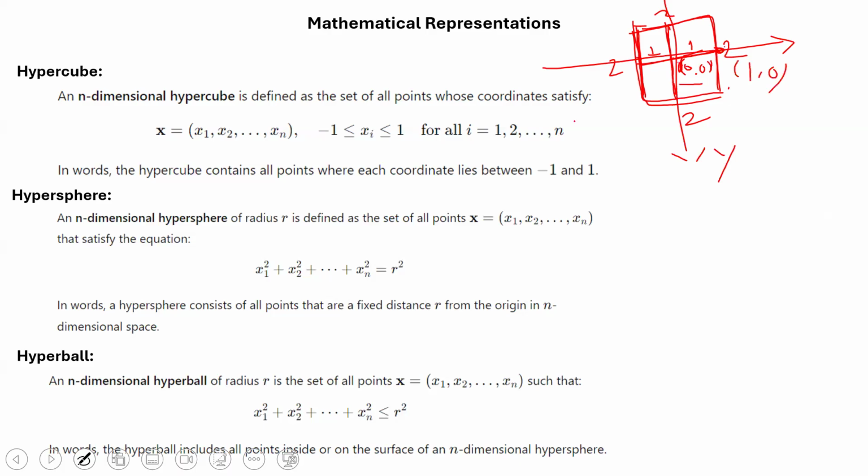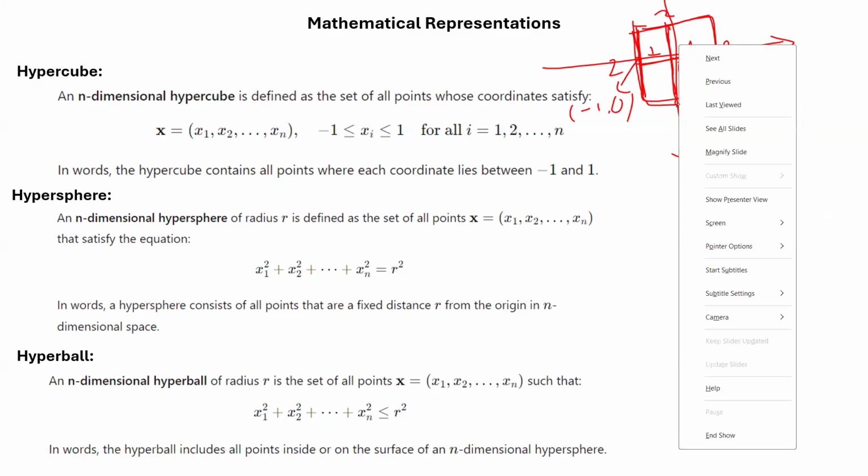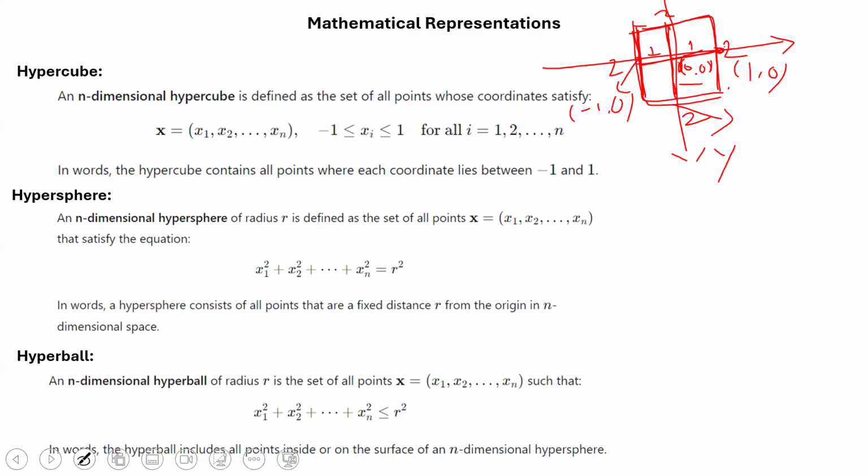So this point becomes minus 1, comma 0. What does this point become? If that is the y-axis, that becomes 0, comma minus 1, right? And this becomes 0, comma 1.